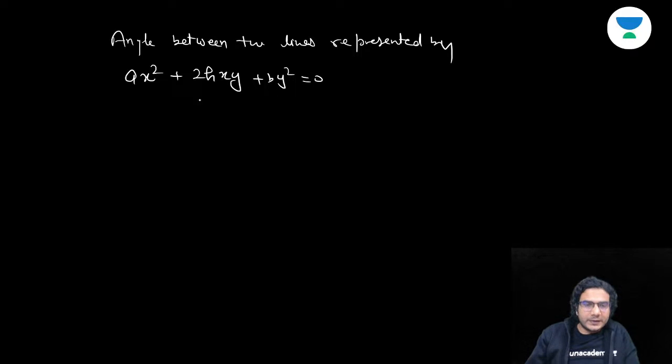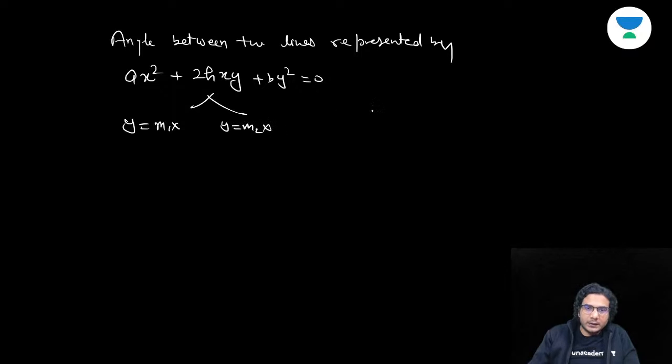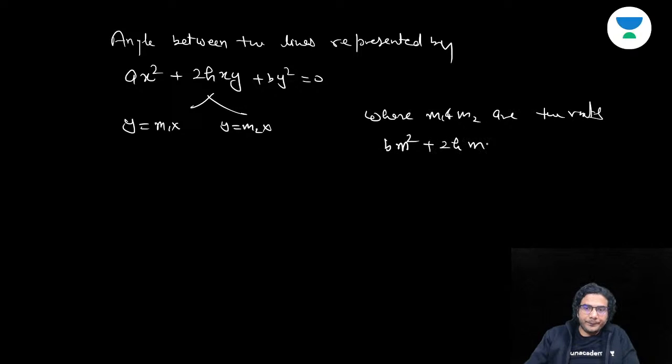Basically we know that if the lines are y is equal to m1x and y is equal to m2x, where m1 and m2 are the roots of bm square plus 2hm plus a is equal to 0. So m1 and m2 are the roots of this equation.